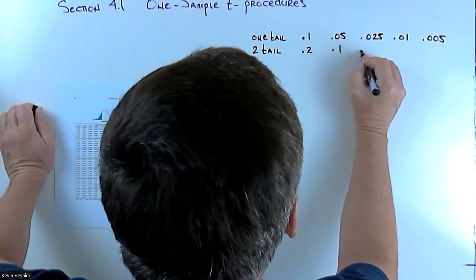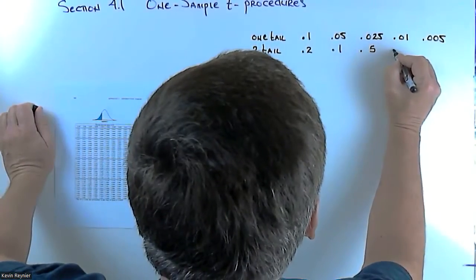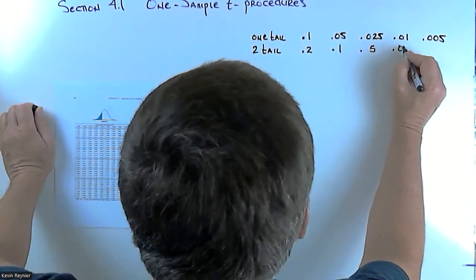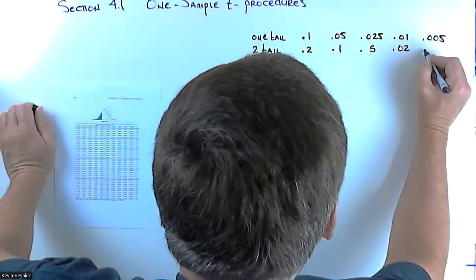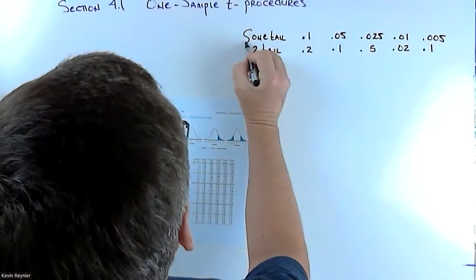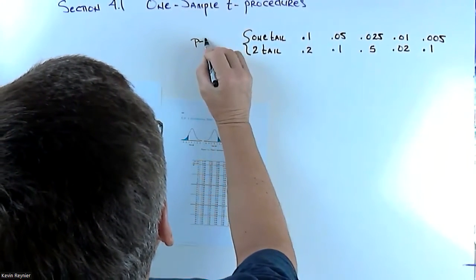So we get this, we get this. Here we get 0.02. And here we get 0.1. Okay. These are the p-values right here.